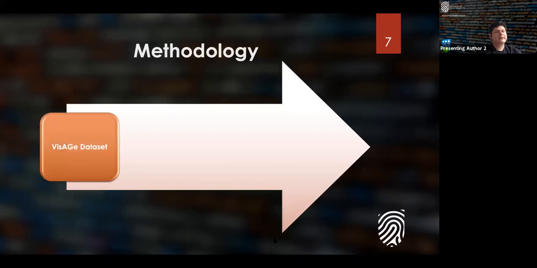The methodology we used to evaluate the influencing factors: in order to investigate the influencing factors on the accuracy of underage facial age estimation, we must first obtain a dataset that's specialized in underage data.